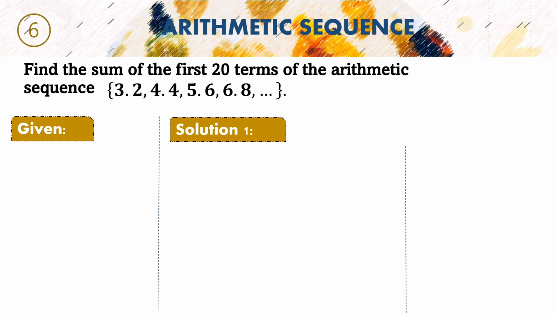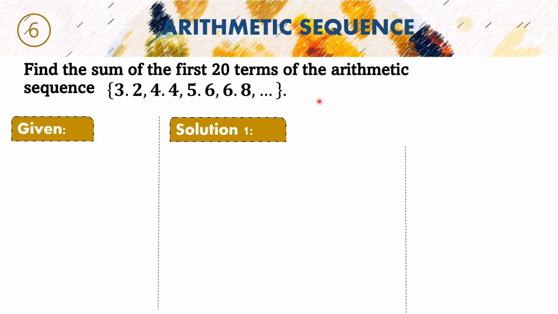Example number 6. Find the sum of the first 20 terms of the arithmetic sequence 3.2, 4.4, 5.6, 6.8, and so on.